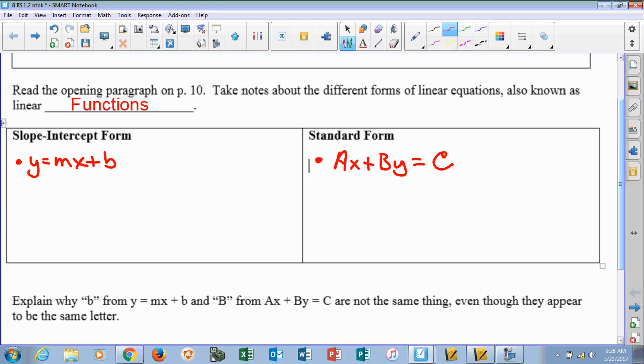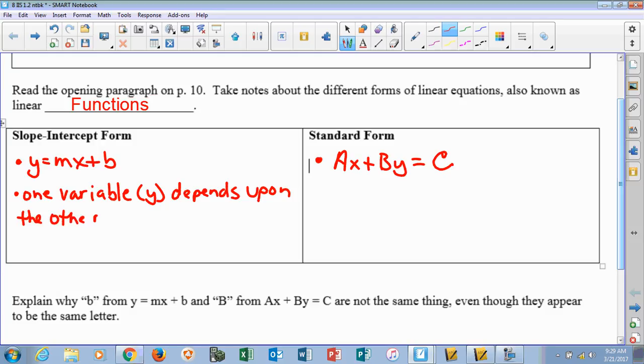In slope-intercept form, one variable, which is y, depends upon the other variable, which is x. Independent, dependent variable.